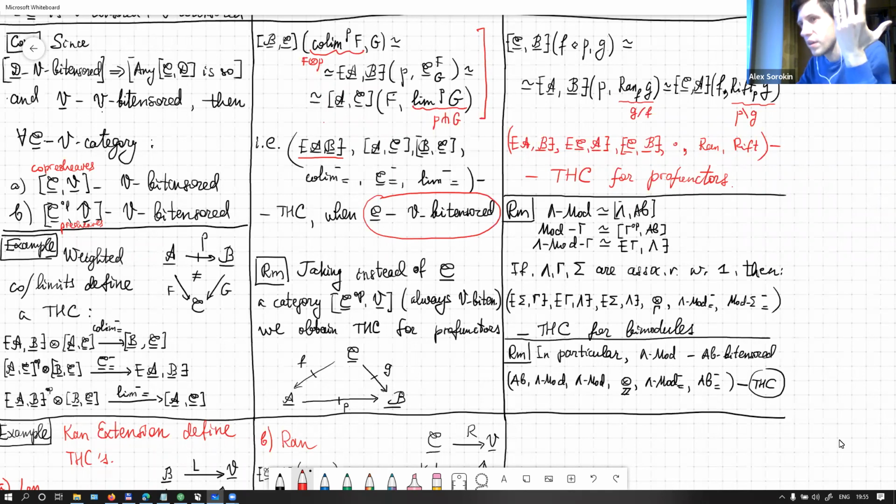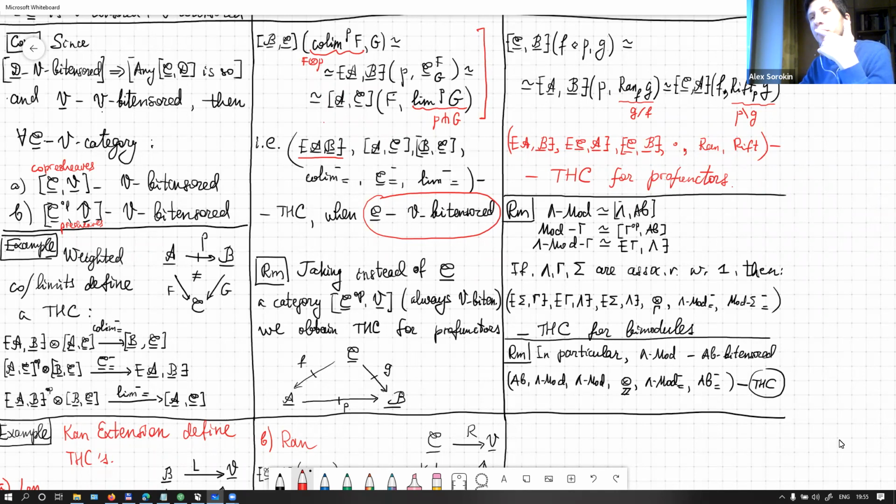If your favorite cosmos is sets, you are working just with set functors, or if your favorite cosmos is abelian groups, you are working with pre-additive categories, in particular additive, abelian, triangulated, and so on. Then you can always think that since the category of sets is bicomplete, the category of abelian groups is bicomplete, presheaves on them are bicomplete.